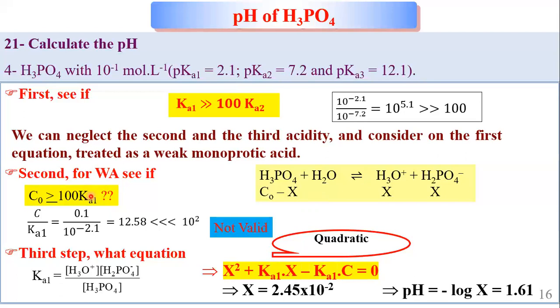Now, if this was valid, of course, what would you use? You would use pH equals half pKa1 minus half log C. All right, so the only difference is I have to do this first step. Is Ka1 greater than 100 Ka2? And in this case, it's much greater than 100 Ka2.